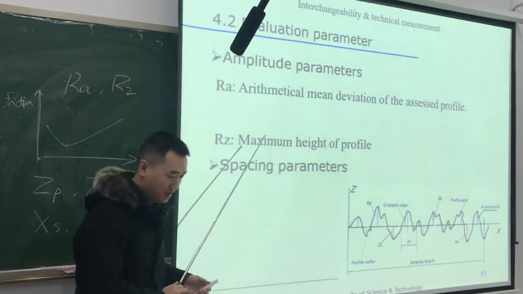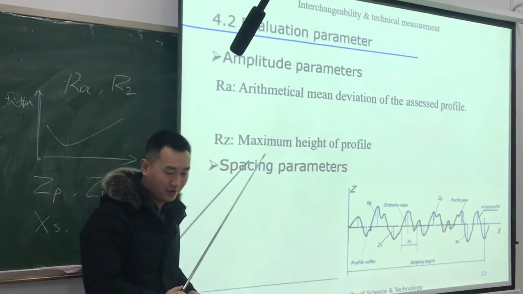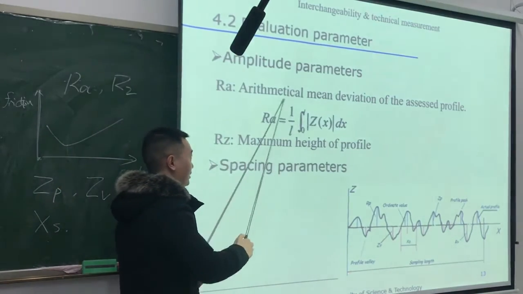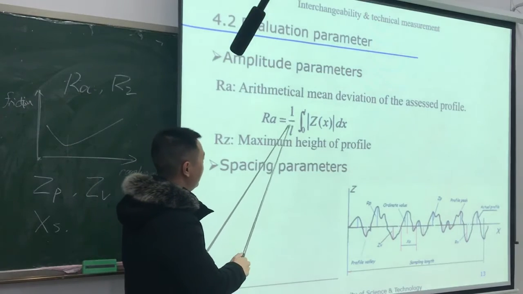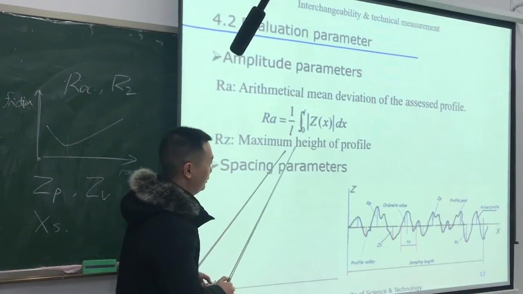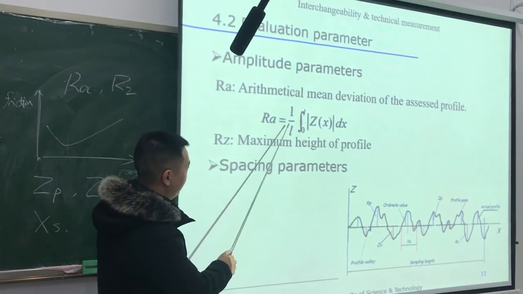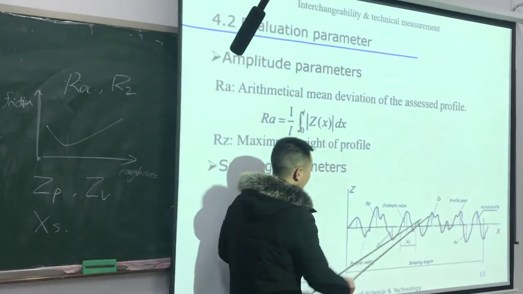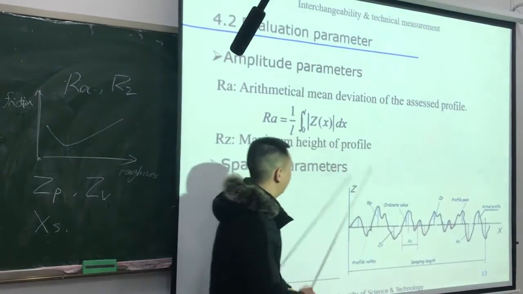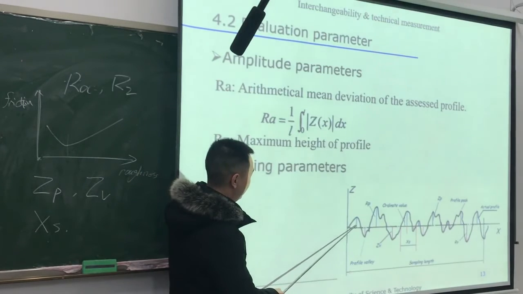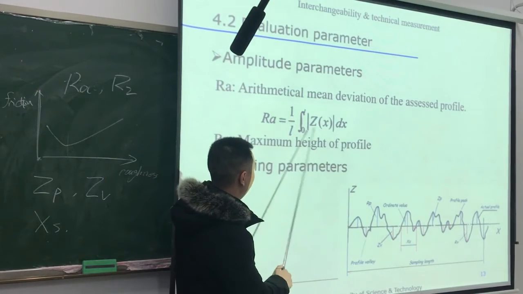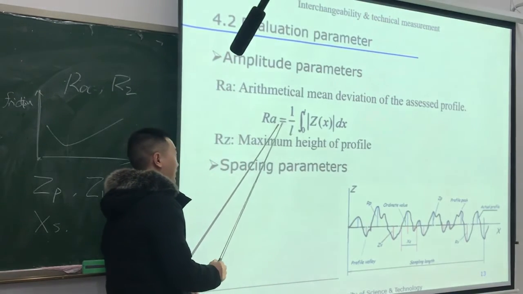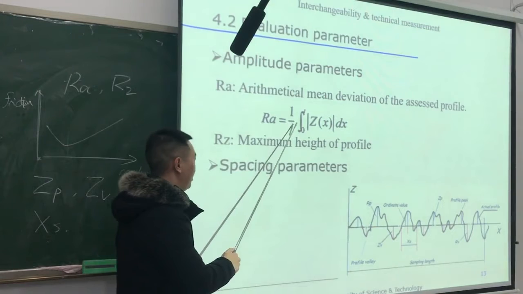Ra is the arithmetic mean deviation of the assessed profile. And here is the calculation equation. How is it calculated? It takes many points on the profile and their distance to the x-axis, integrates, and divides by L. So it's the arithmetic mean deviation of the assessed profile.